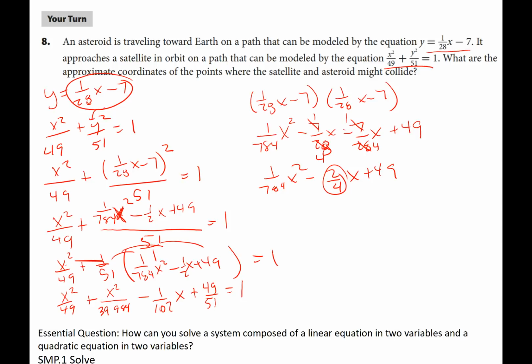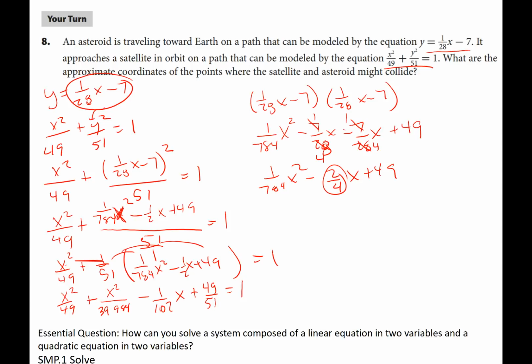Okay. I would probably find a least common denominator too if I could. Let me see really quick if we take 39984 divided by 102. That works. 39984 divided by 51. And then 39984 divided by 49.